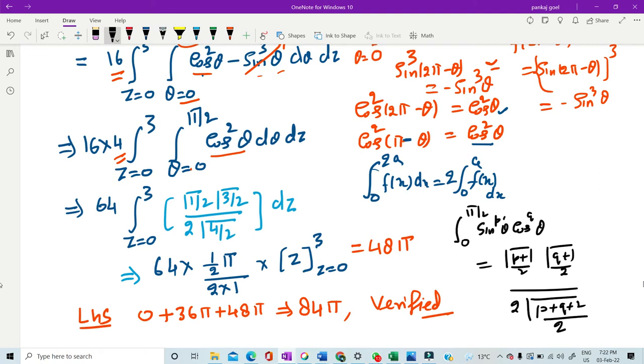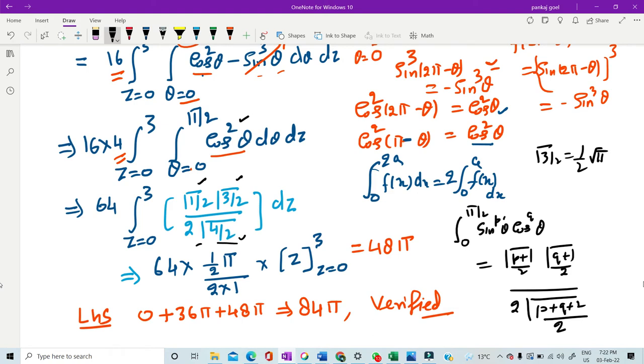So apply here p equal to 0, q equal to 2. This is gamma 1 by 2, gamma 3 by 2, upon 2 times gamma 4 by 2. Gamma 1 by 2 is root pi. What is the value of gamma 3 by 2? That is equal to 1 by 2 root pi.